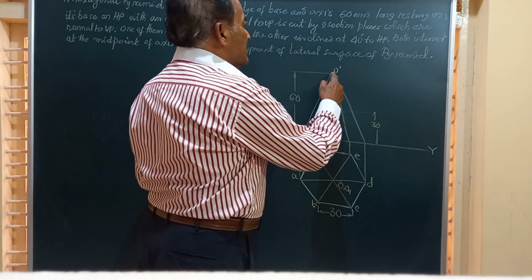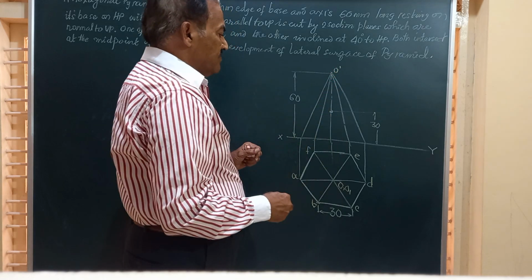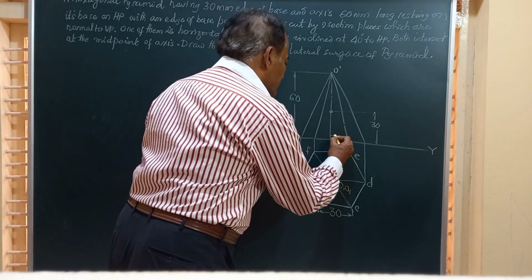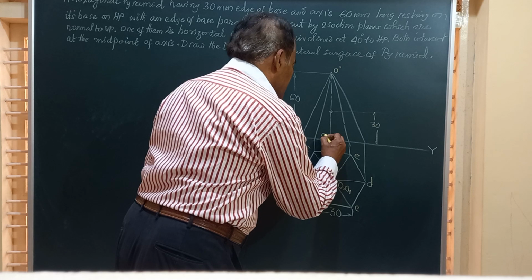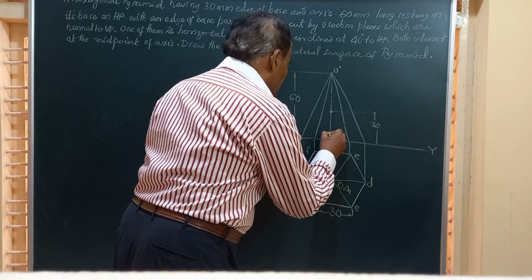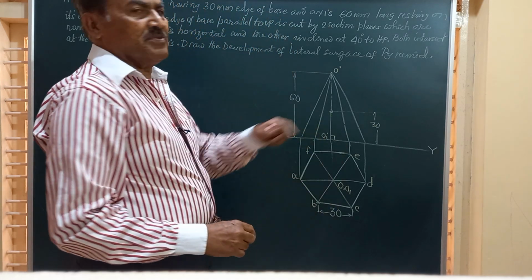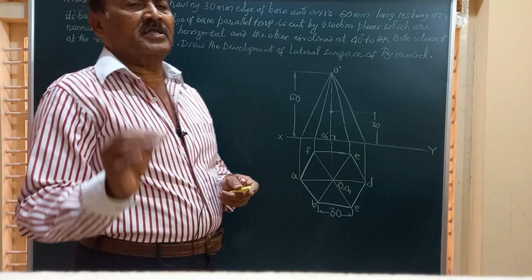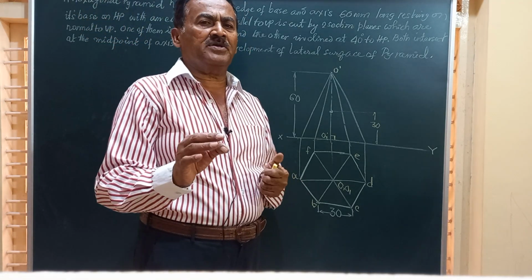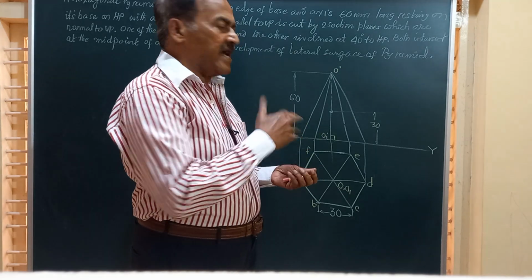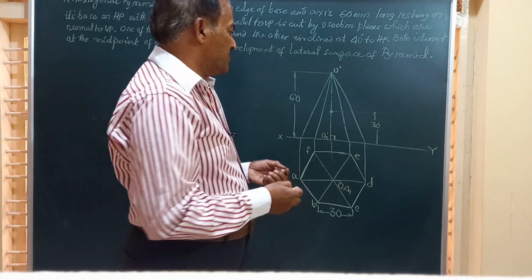O is the vertex of the pyramid, O1 is the center of the base, and the axis of the solid is now perpendicular to HP. So that's very obvious. Whenever any pyramid is resting on HP, its axis will be perpendicular to HP.